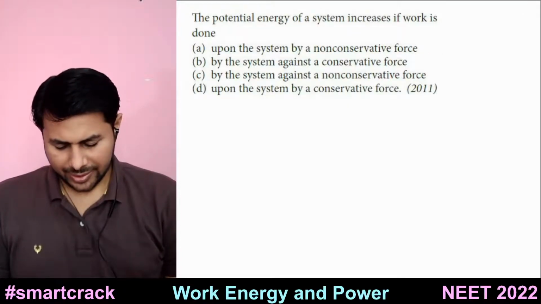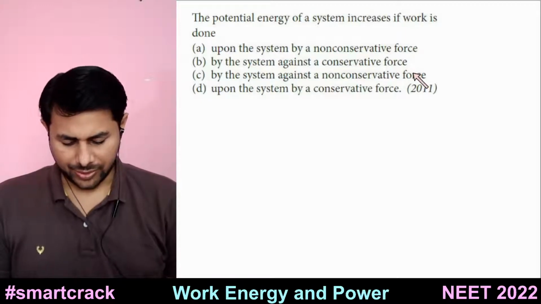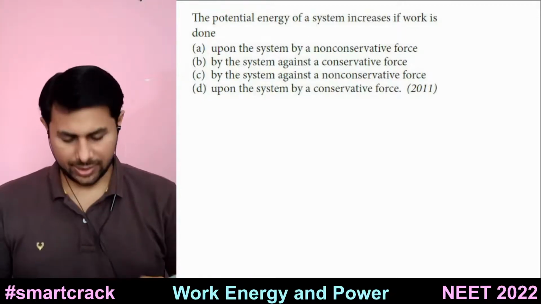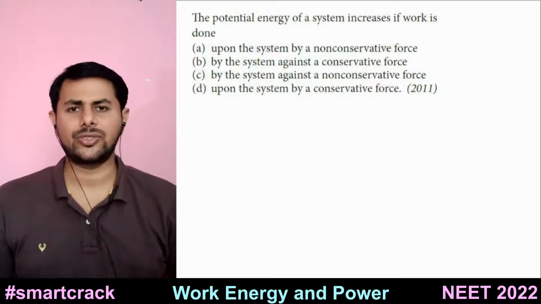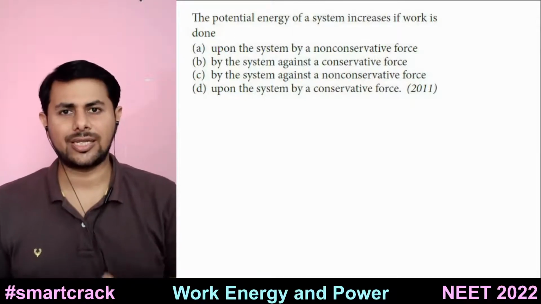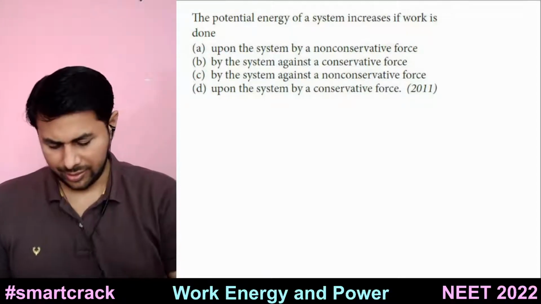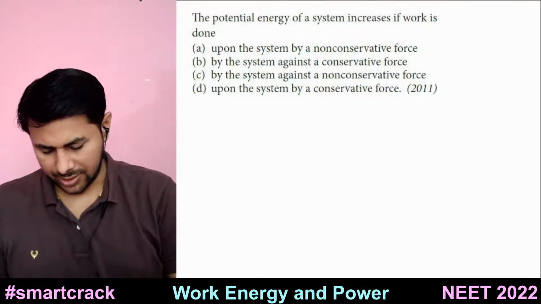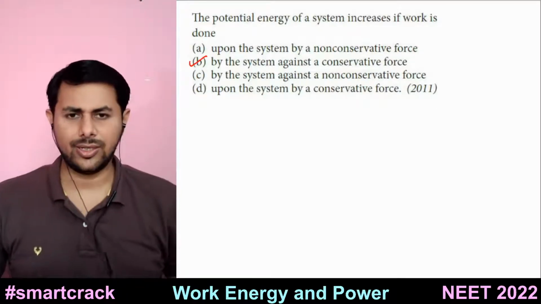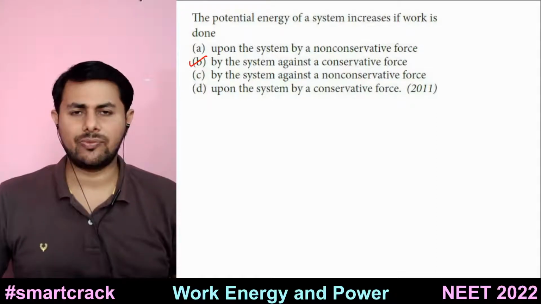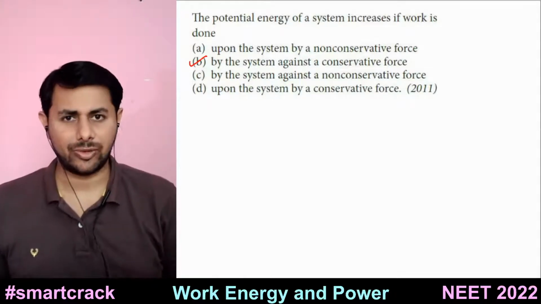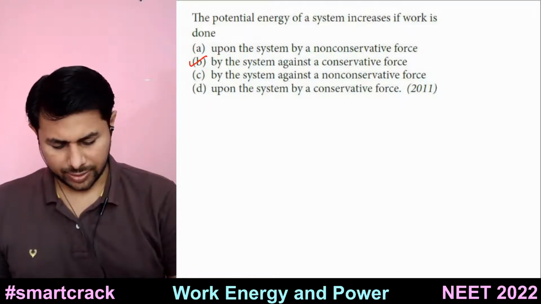Work done by the system against a conservative force: if work is done against a conservative force, it gets stored as the potential energy of the system. So this option is correct, option B. Potential energy increases if work is done against the conservative force. This was simple.